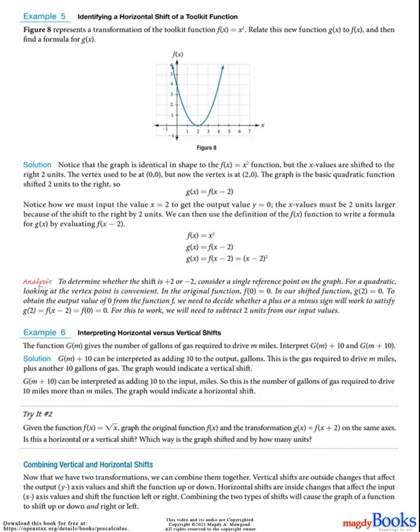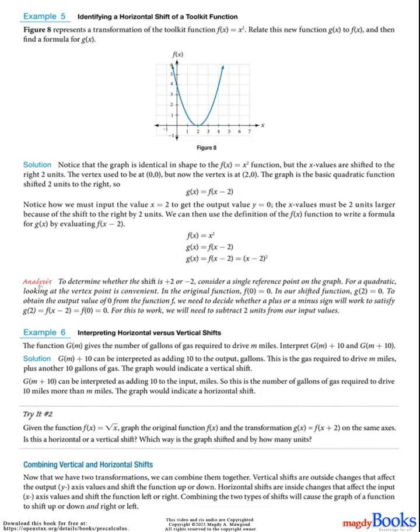We can then use the definition of the f(x) function to write a formula for g(x) by evaluating f(x − 2). f(x) = x². g(x) = f(x − 2). g(x) = f(x − 2) = (x − 2)².